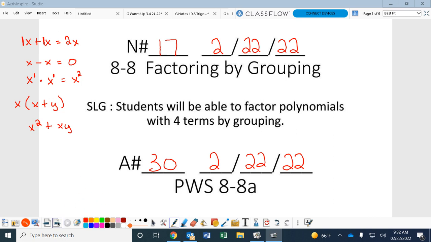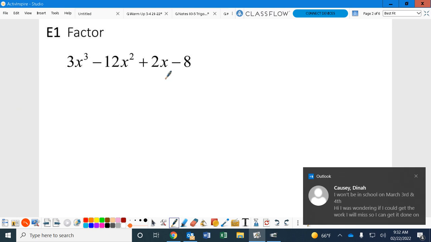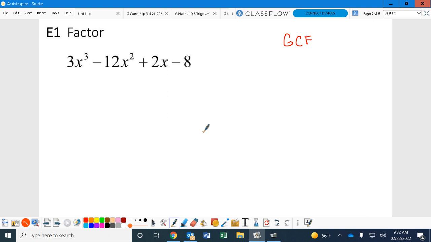So here we go. When you see a problem like this, the very first thing you're going to do is look for a GCF, the greatest common factor for all 4 of them. You're going to see if anything divides into 3, 12, 2, and 8. The easiest way is just like we did before. Look at the 2.